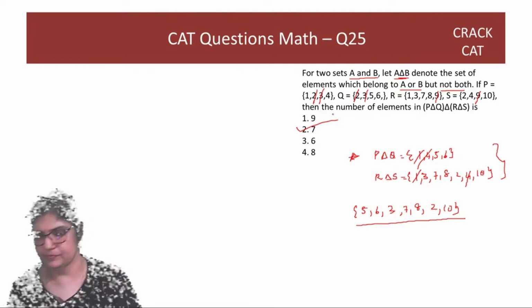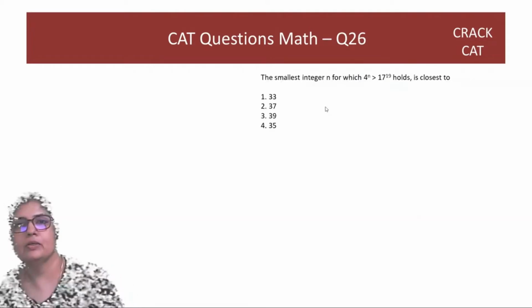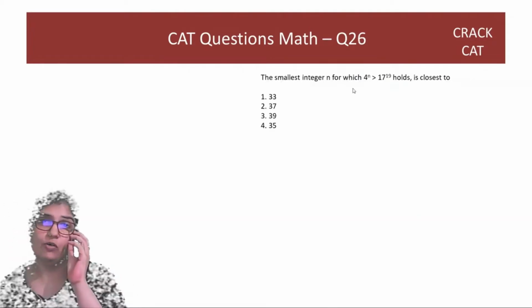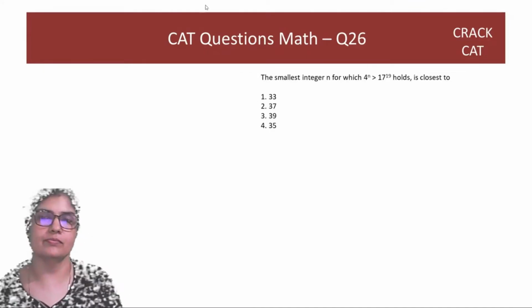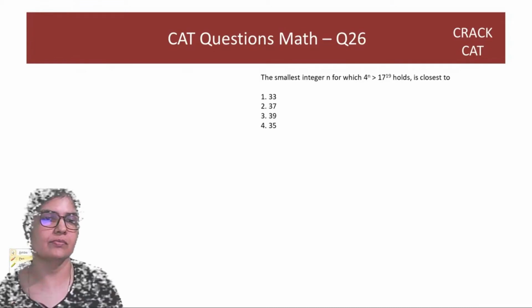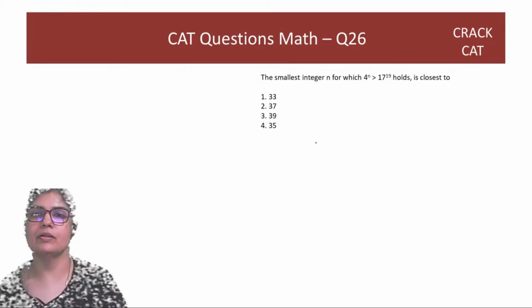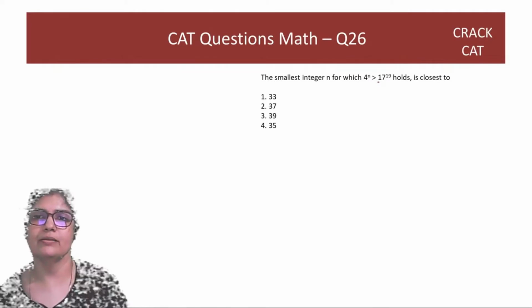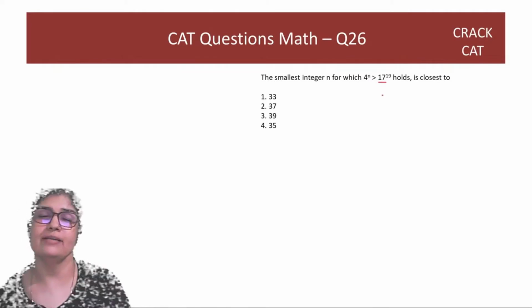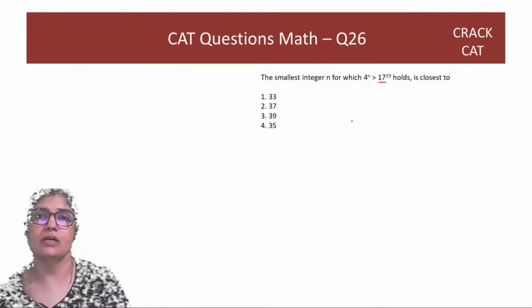Second option. 26. The value of n for which this holds is closest to. So I have to write it in terms of 4.